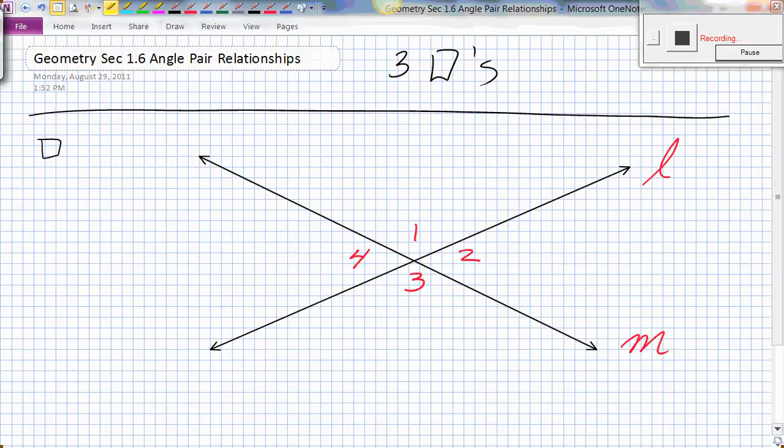Angles 1, which I'll highlight here, and angle 3 are special. They're very, very special, right? Angle 1 and angle 3 are vertical angles.